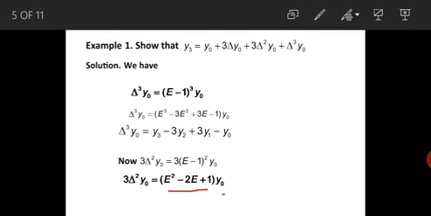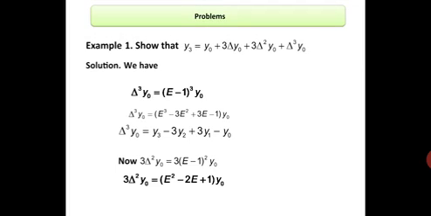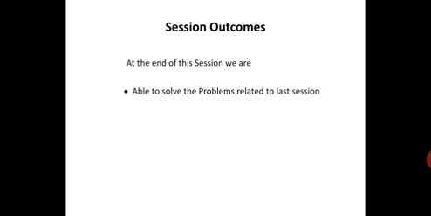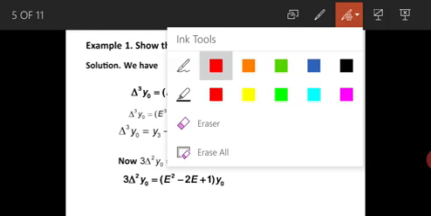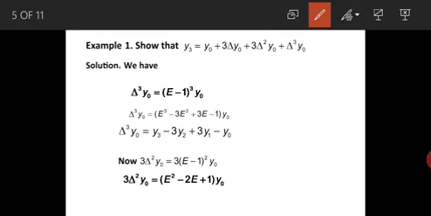Now I will multiply all of these terms. This into this will be E square y naught, right?